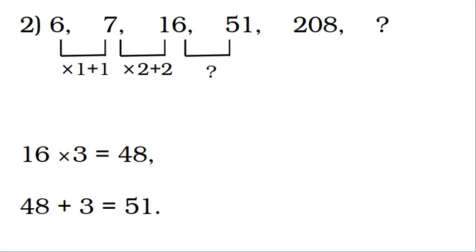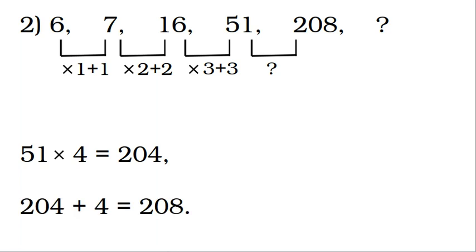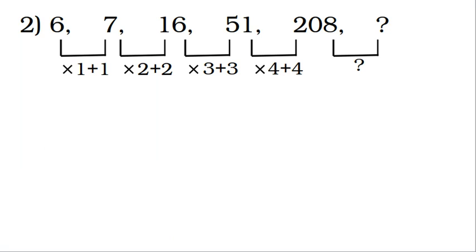Now 51 and 208. 51 into something should give you a number close to 208. 51 times 4 is 204. 204 plus 4 gives you 208. So if you observe these things, into 1 plus 1, into 2 plus 2, into 3 plus 3, into 4 plus 4.